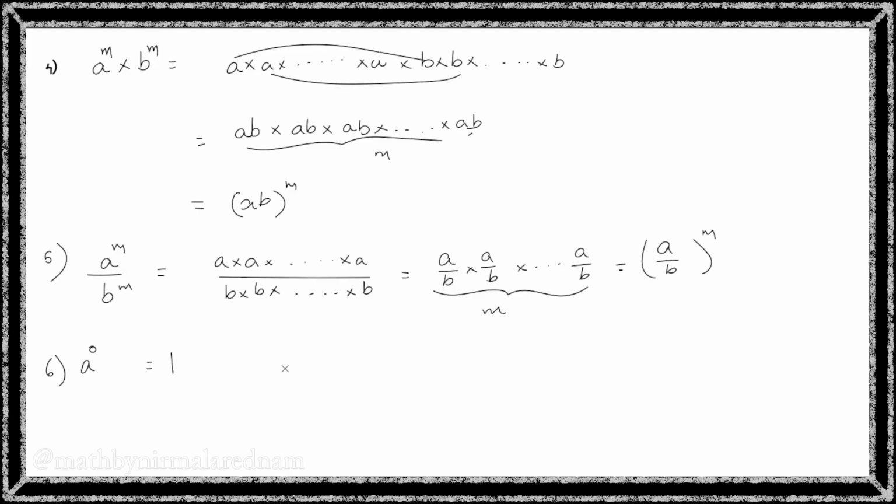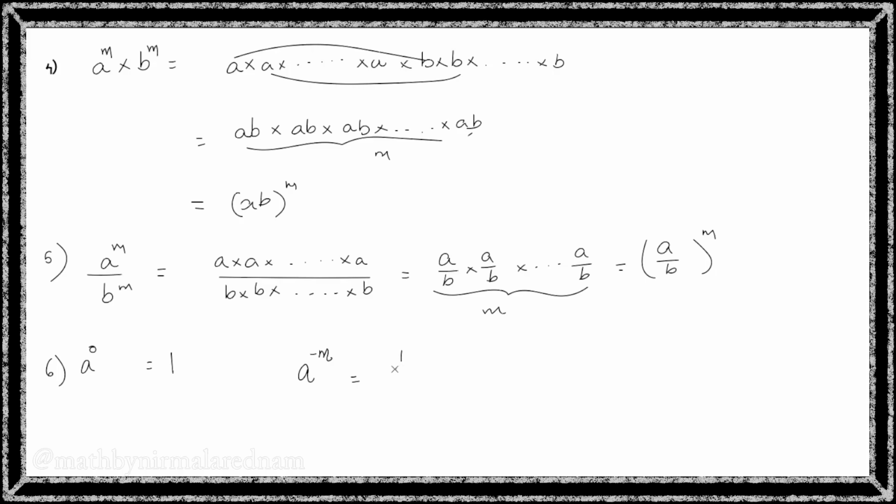Now here, you need to understand negative exponents as well. Because when I said a raised to m means multiplying a, m number of times, clearly it is possible when m is a positive number. And we have already seen a power 0 is 1. Now what if m is negative? That is, if m is positive, then a raised to minus m, does it have a meaning? It does have a meaning.